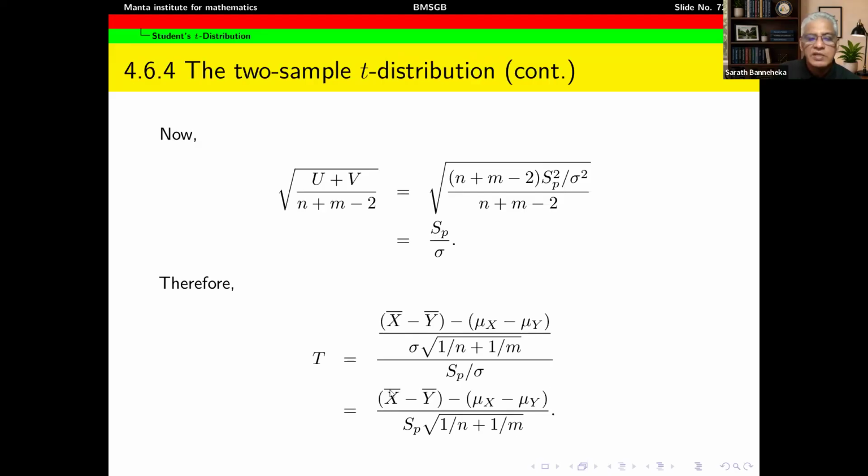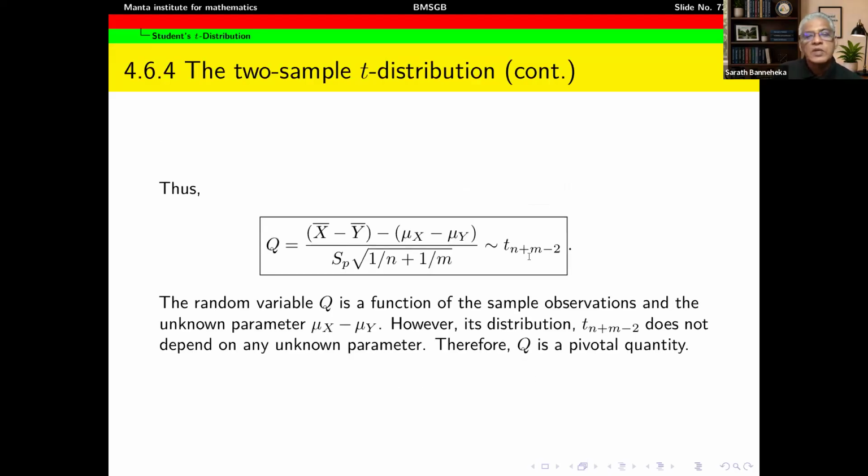It contains the data X bar, Y bar, and Sp, and in addition it has the unknown parameter mu x minus mu y. But the distribution of it doesn't contain any parameter. Therefore, this quantity is a pivotal quantity.